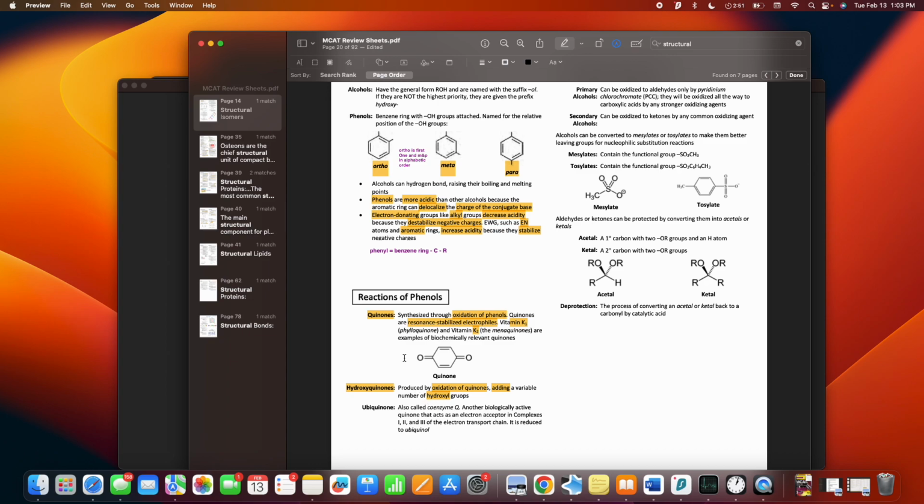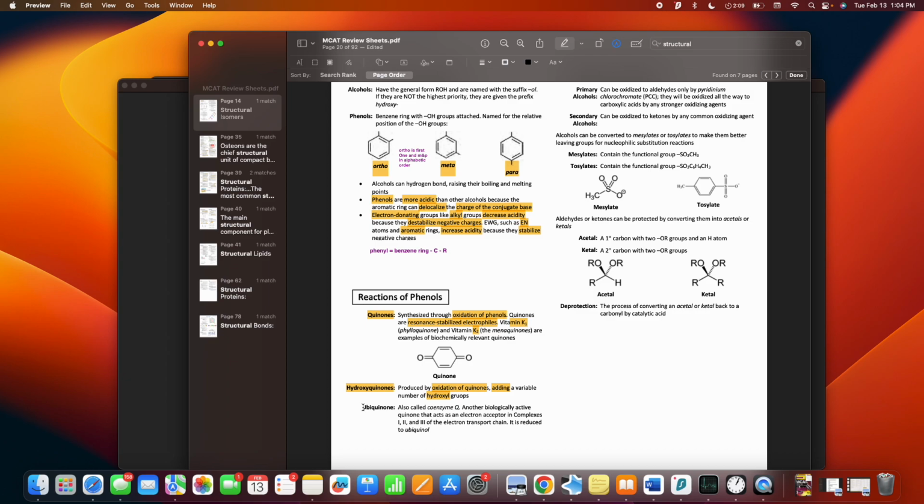When you introduce a hydroxyl group to this, you're getting an oxygen, so it's oxidation. If this is an electrophile, it wants electrons, so it gets the oxygen that has electrons.